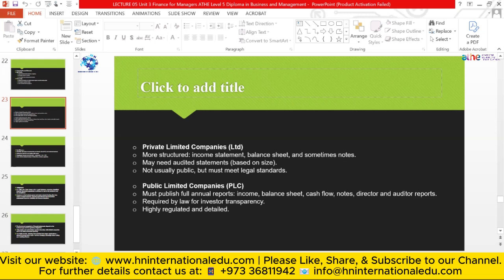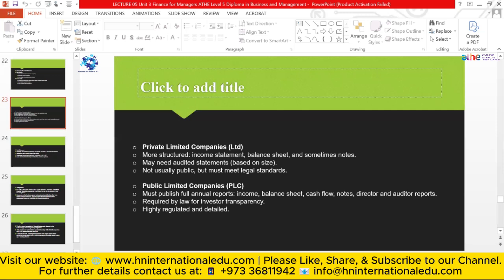With the public limited companies, they must publish full annual reports. Like on the 30th of December, we publish these accounts, income statement, or between the months too, but that is not published publicly. It is only for the business or for internal purposes. Income statement, balance sheet, cash flow, notes, director and auditor reports.